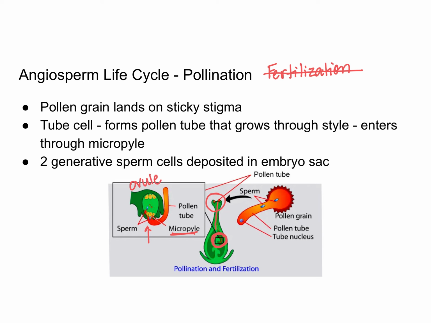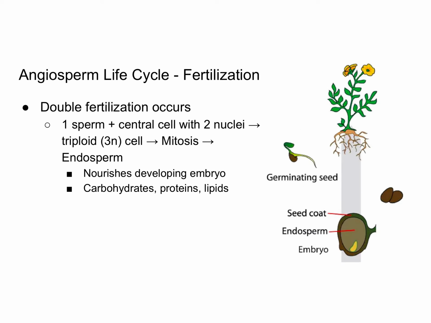Once the pollen tube makes its way to the ovule, the 2 generative sperm cells are going to be deposited into the embryo sac. And so this whole structure here is now referred to as the embryo sac. Now remember, this is the female structure that was produced.